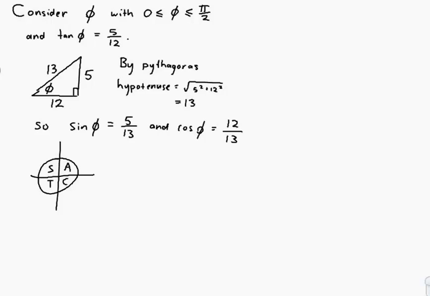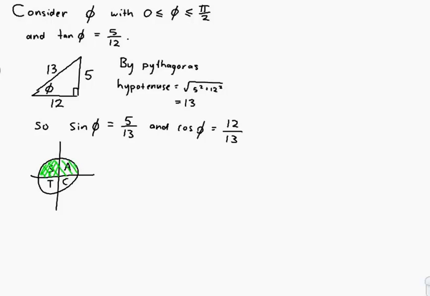Now the information I've been given is that theta is between 0 and pi, so theta is in this part of the unit circle. And I also know that tan theta is negative. So tan theta would be positive for angles in the first quadrant. So tan theta is negative in the second quadrant, and so theta is in the second quadrant.